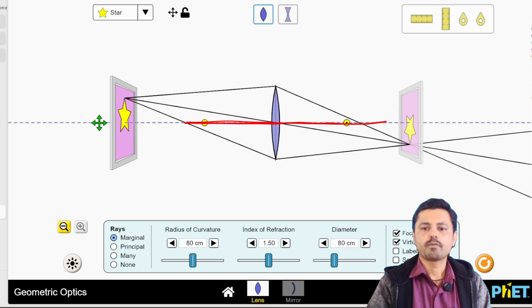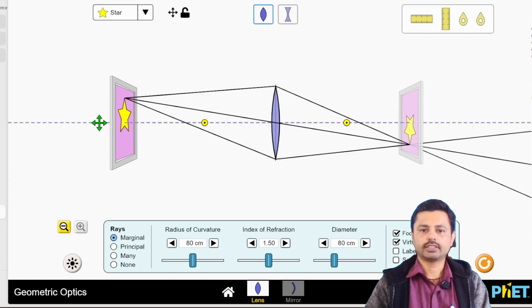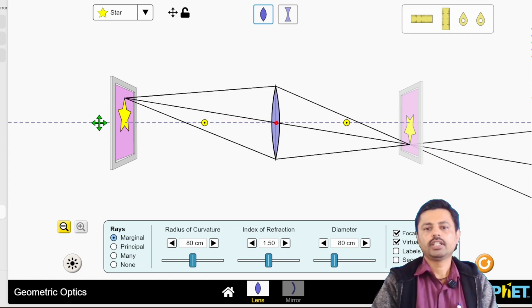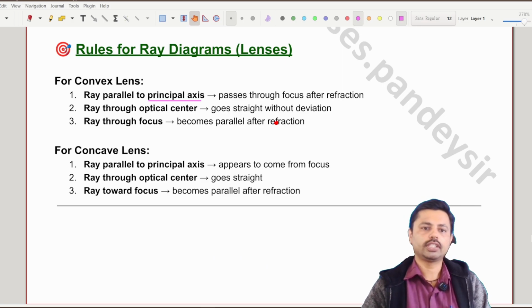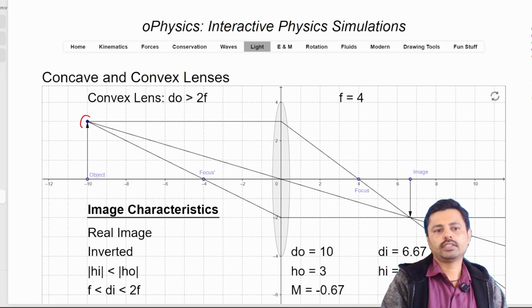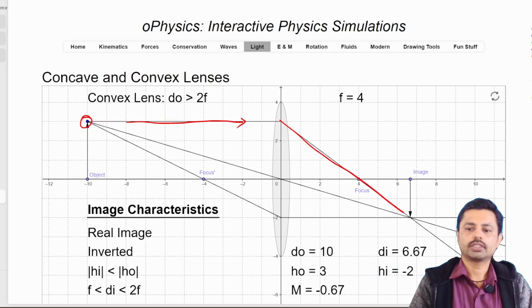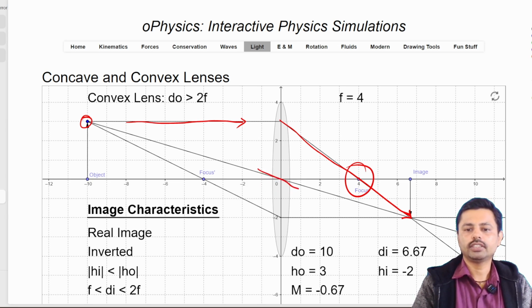This central line is called the principal axis. This is the optical center, and if a ray goes through it, it goes straight without deviation. Let's observe how it happens. This ray parallel here is passing through the focus. Okay, so this point is the focus, and the ray going through the optical center, this one, is going without any change in the angle.